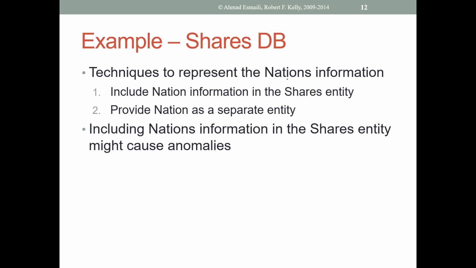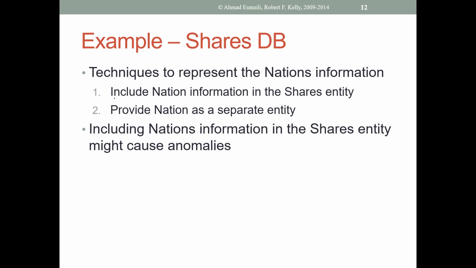So we have two tables, the nations table and the shares table. We are providing the nation information in a separate entity, which is nations, and shares information in a different table we call shares. But in the shares table, we will also keep the information which will link a share to the corresponding nation.